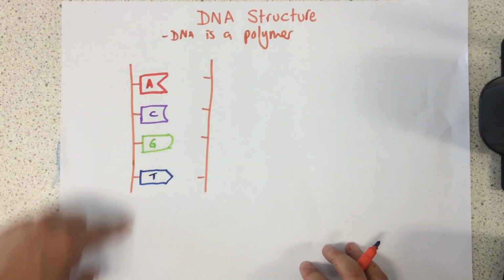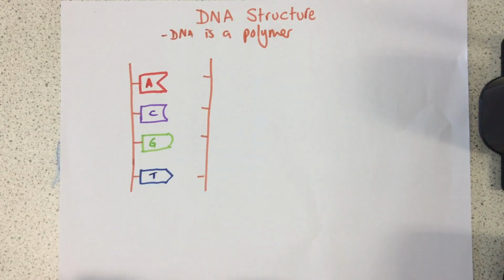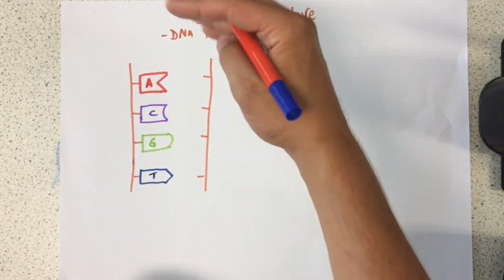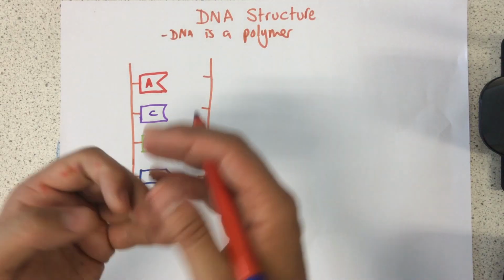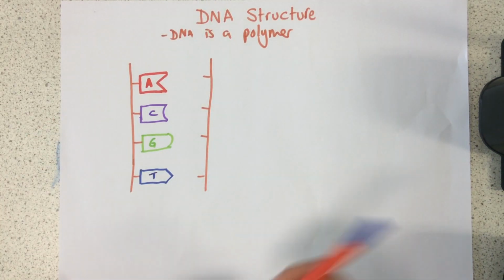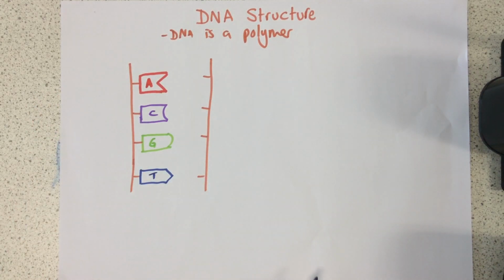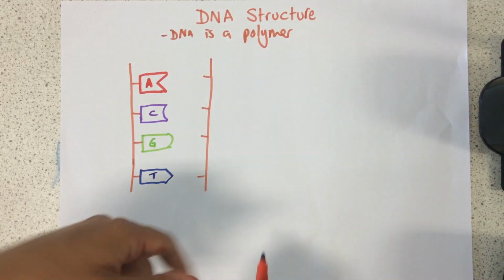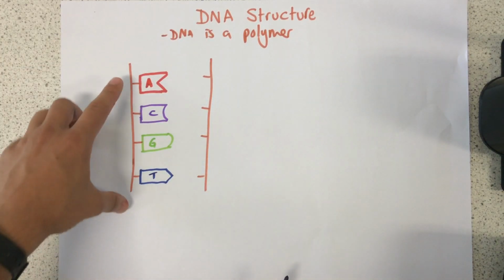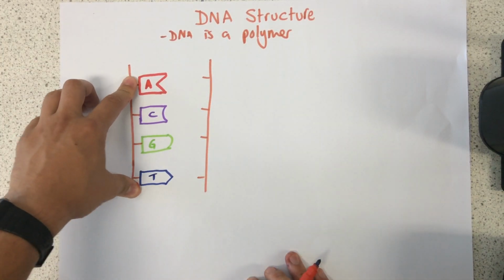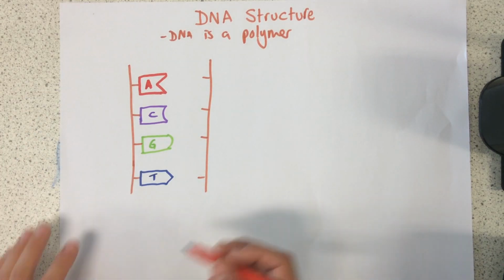So we have a sequence of bases, and depending upon the order of those bases, over a long stretch of DNA will be the code for a particular set of characteristics. For example, it could be how to make a particular enzyme, or it could be the gene, the particular code for eye colour.